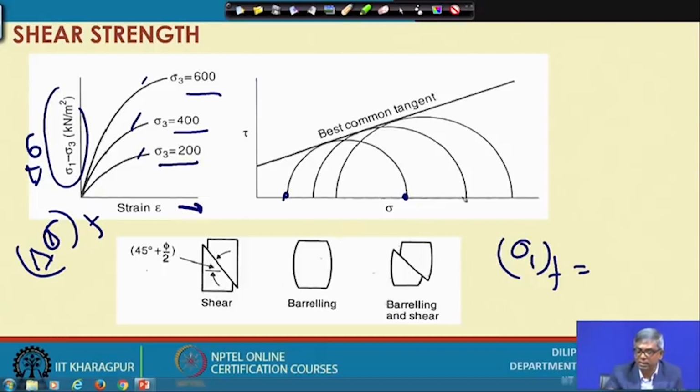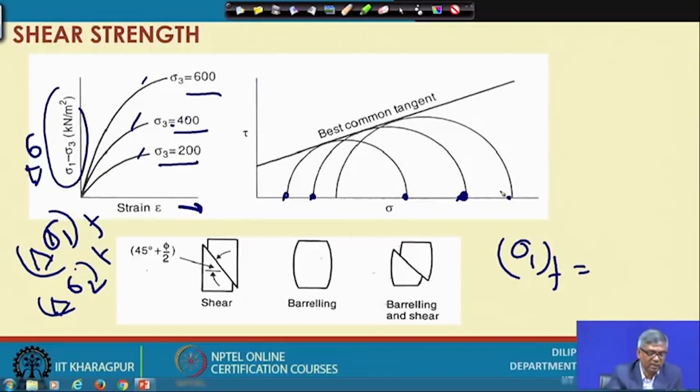Similarly, for another set I apply another value of sigma 3, suppose this one, and correspondingly I get delta sigma f. Then I will get sigma 1 for the second set, and the corresponding value of sigma 3 is already known, suppose this one.